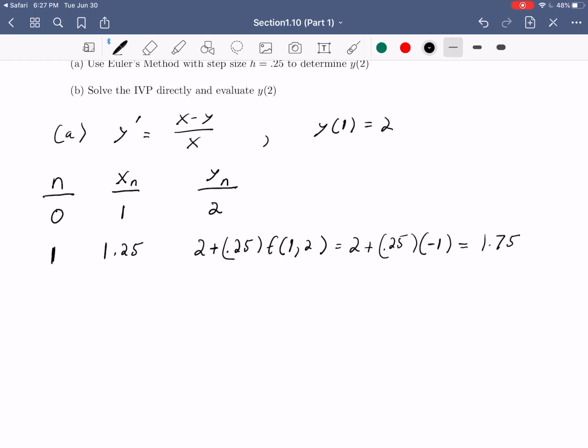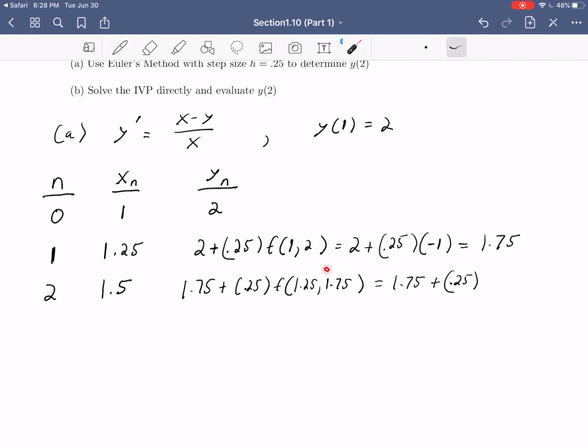Now we'll take another step forward. So we'll go to n equals 2. That means we're moving to our approximation at x equals 1.5. We'll take our previous y, 1.75, plus the step size times f at this previous point, which would be (1.25, 1.75). That's going to be 1.75 plus 0.25 times, and now I'm going to plug 1.25 and 1.75 in there.